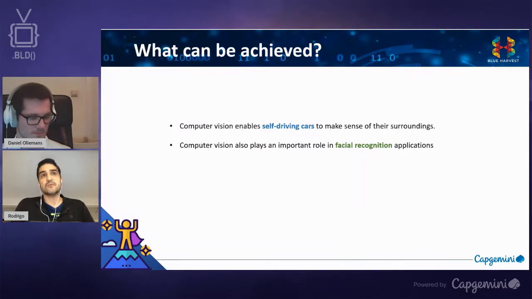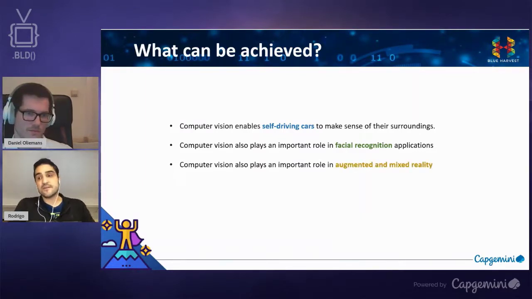Also, computer vision is very important in augmented reality. Anyone that has played Pokemon Go, and a lot of games that enhance what we see in the current world, adding extra features, but these features need to understand the surroundings and how things integrate together.